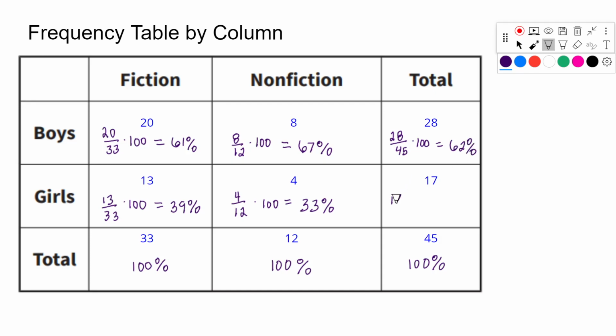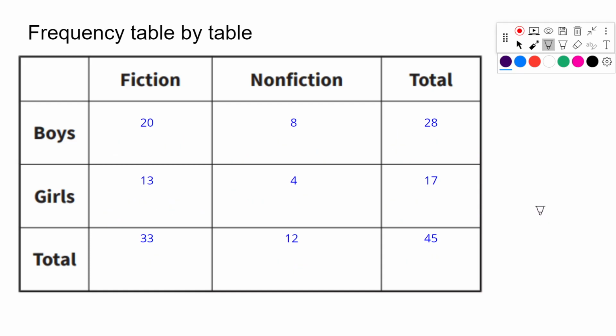So the 17 out of 45, if I do 100 minus 62, that's going to be 38% were girls.